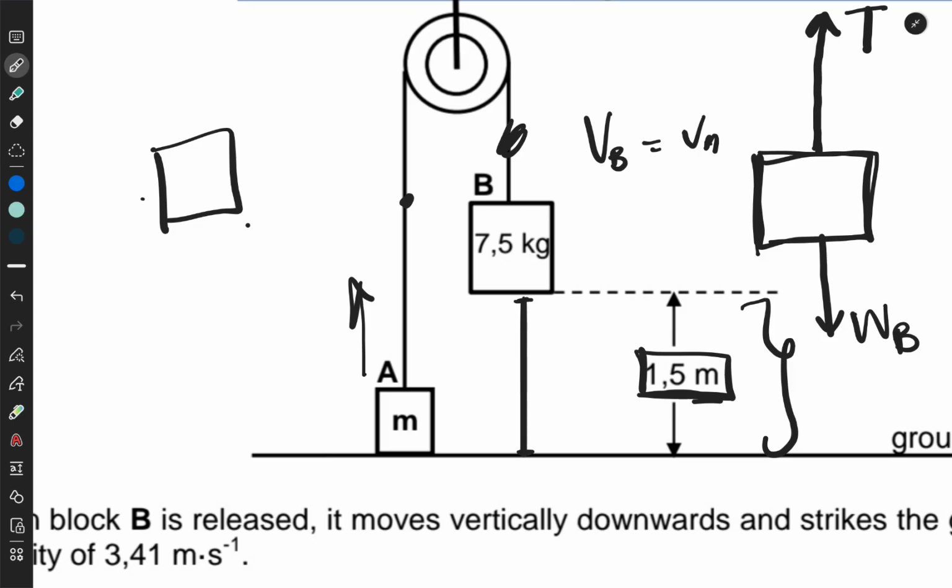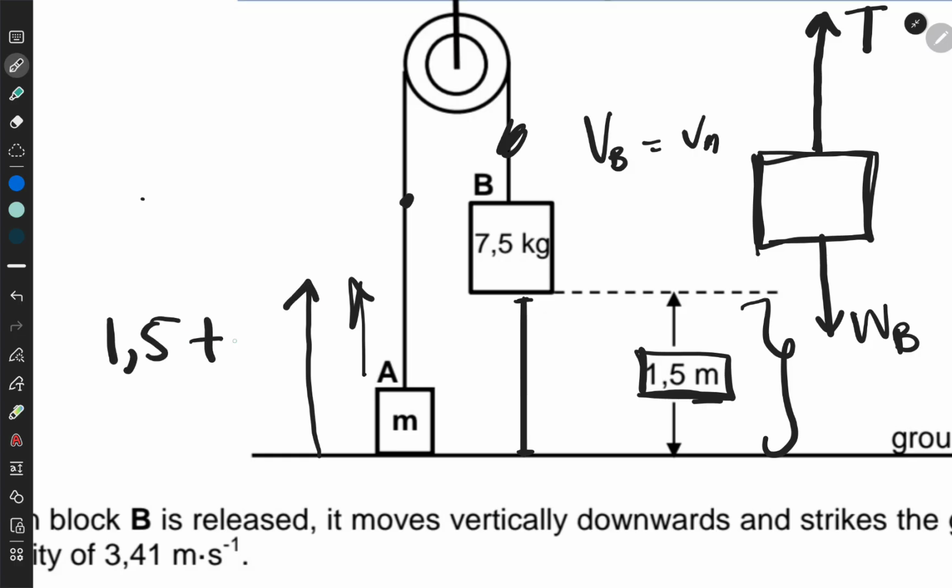So let me show you what it means mathematically. It means the maximum height that block A will reach above the ground is 1.5 plus y, whatever distance above the 1.5 mark that block A will reach before coming back down to 1.5, where it will settle until we disturb it again.